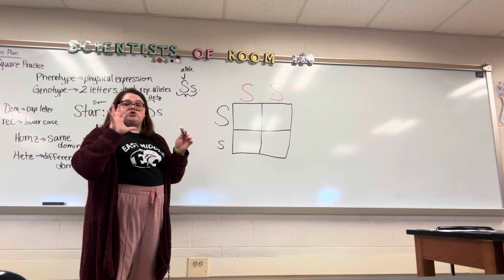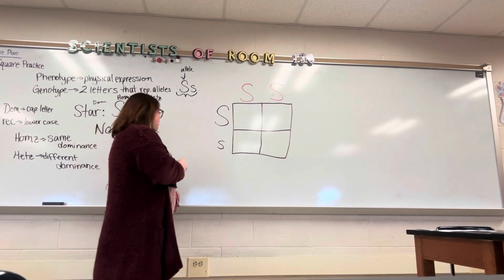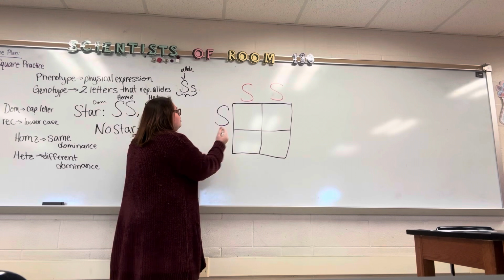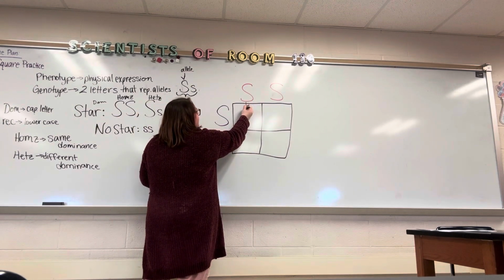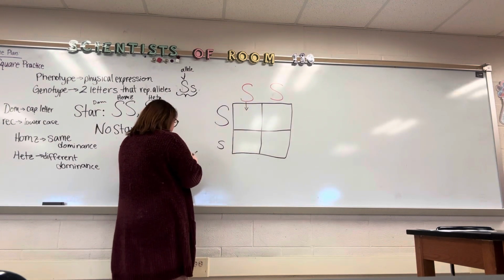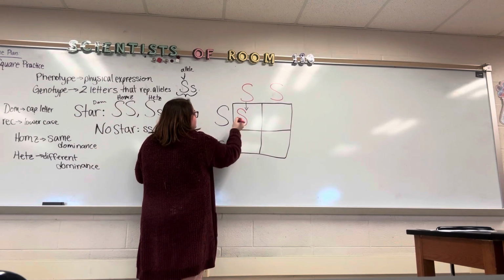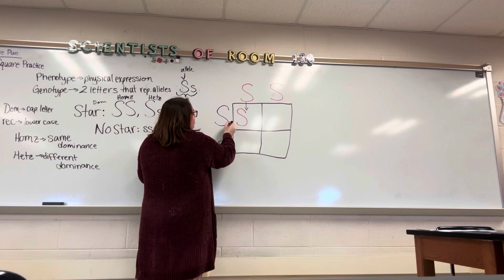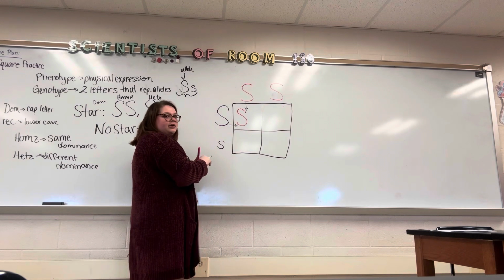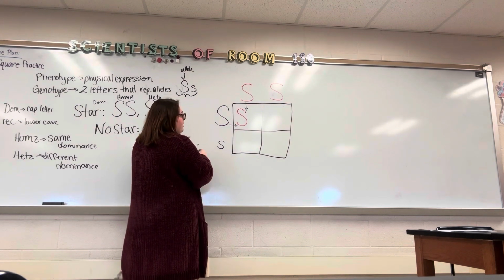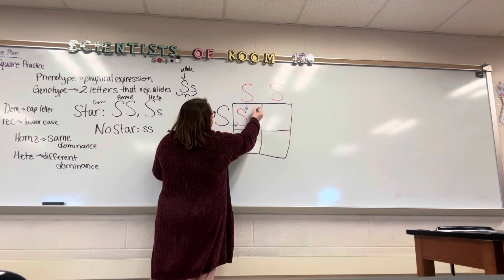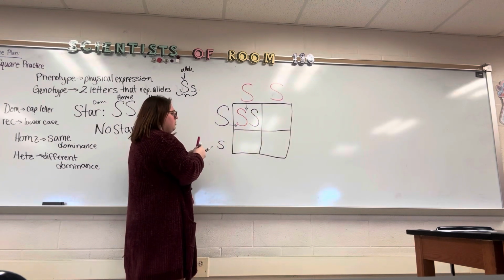The way to complete a Punnett square, you start by pulling down your first letter. So we have a big S, and then we're going to pull over our second letter, which is another big S. Okay?